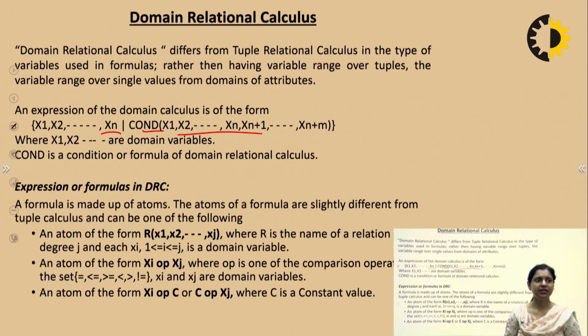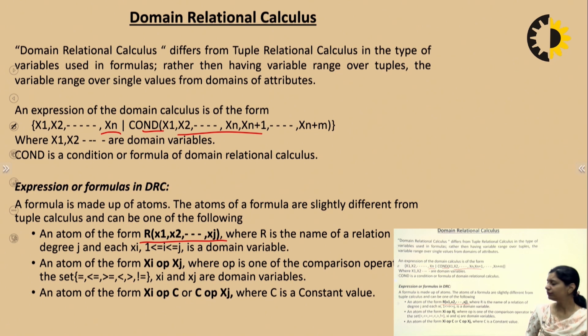So the expression over here is again made up of atoms. The atoms of a formula are slightly different. An atom of the form R(x1, x2, ..., xj), where R is the name of the relation of degree j, because here we are talking about the number of columns or the domain.